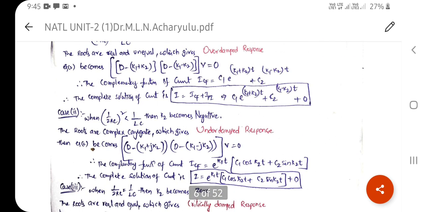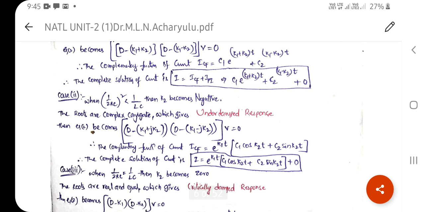If the condition is (1 by 2rc) whole square less than 1 by lc, then what happens? k2 becomes negative. In this case the roots are complex conjugates, so the underdamped response will occur. The roots will be (d minus of k1 plus jk2) into (d minus of k1 minus jk2) whole into v equal to 0.